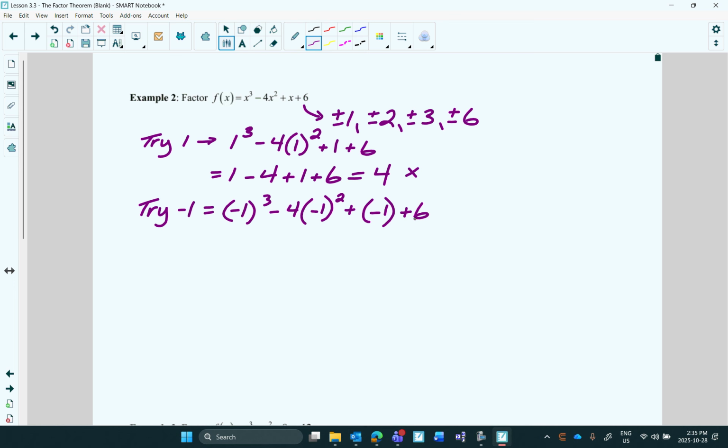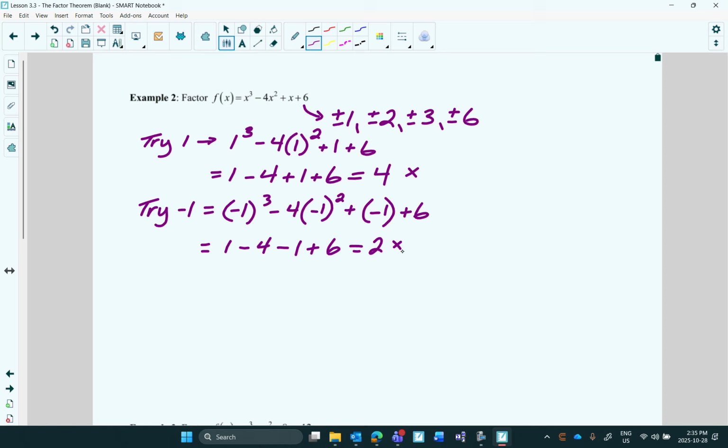I think that one's going to work out. Maybe. -1 minus 4 minus 1. Nope, it doesn't. Sorry. They canceled out. I was close. So this one works out to 2, doesn't work.